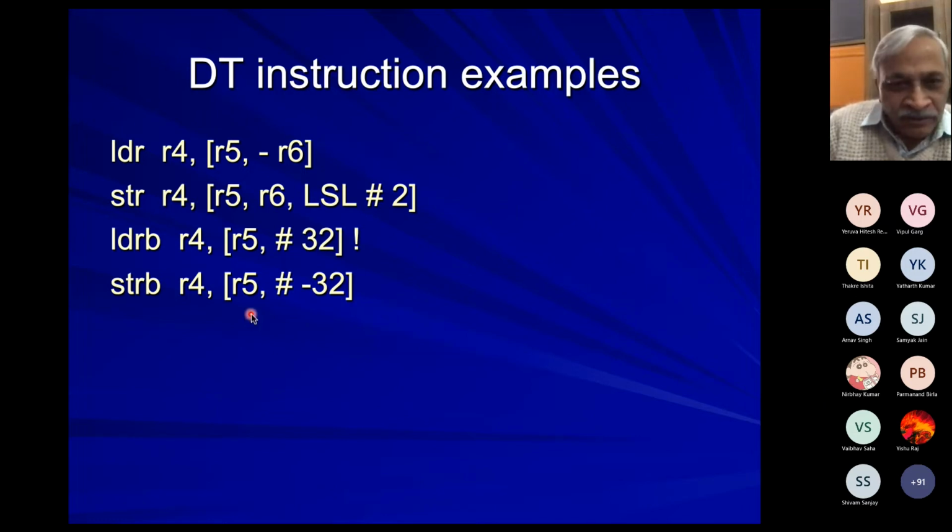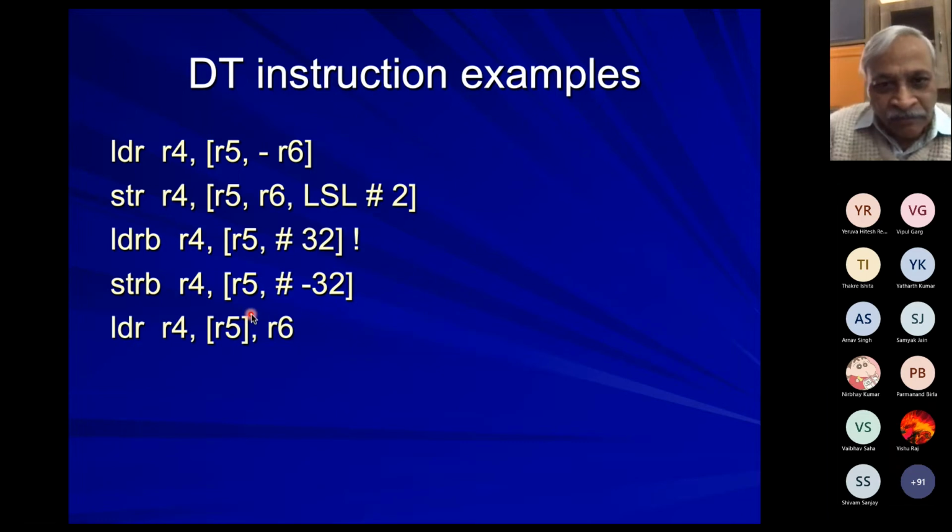So next is straightforward. Okay. How do you write an instruction with post indexing? There, if you specify this offset outside the square bracket, this indicates post indexing. So in particular, what this instruction means is that the contents of R5 form the address from where you get one word of data and put it in R4.